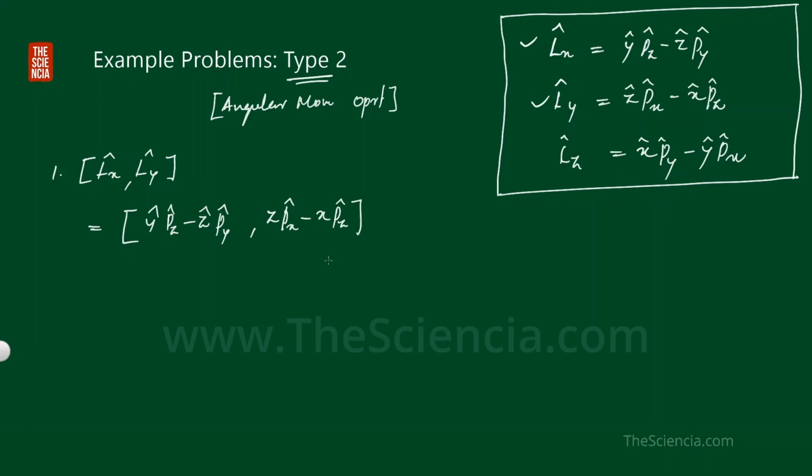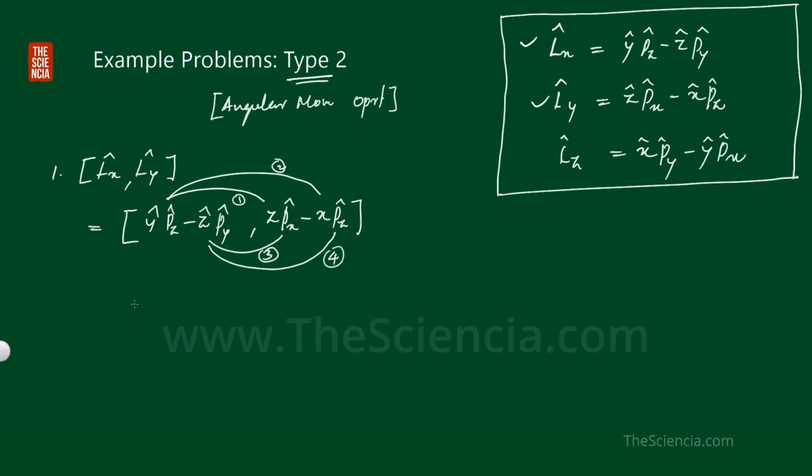Now we can expand this commutator bracket. First I am taking the combination of these two, then I will take the combination of these two, then the combination of these two, and last the combination of these two.